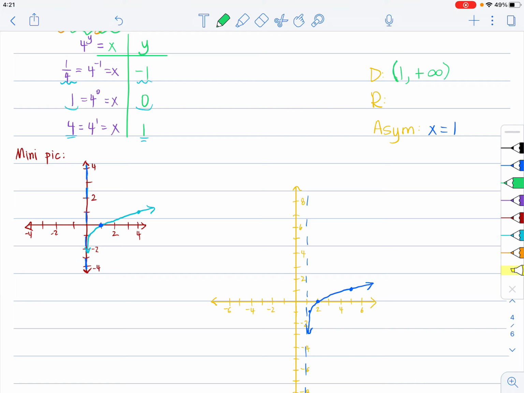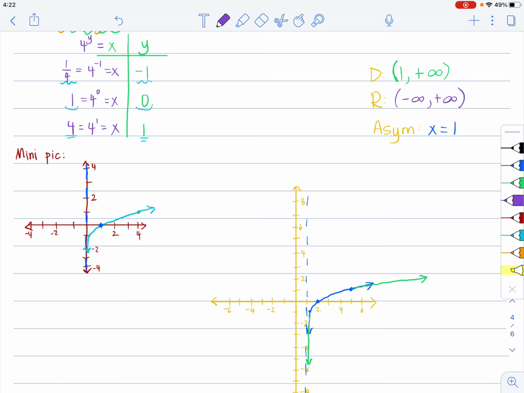And what y values can I hit with this graph? Now, the exponential one gets teeny tinier, closer and closer to 0. But this one, even though he's a slow grower, does keep actually growing forever, which is why our range is from negative infinity to positive infinity.